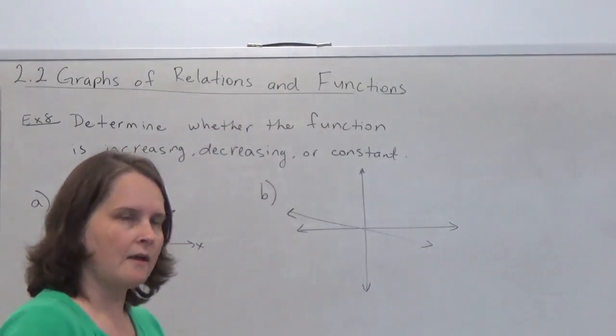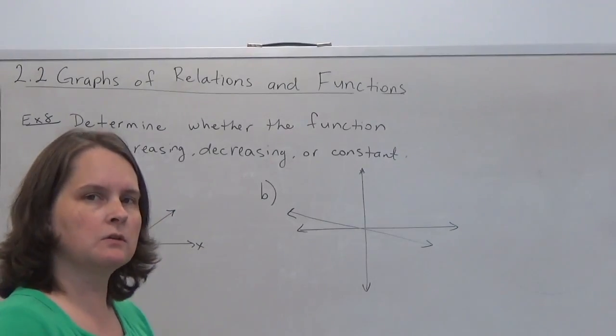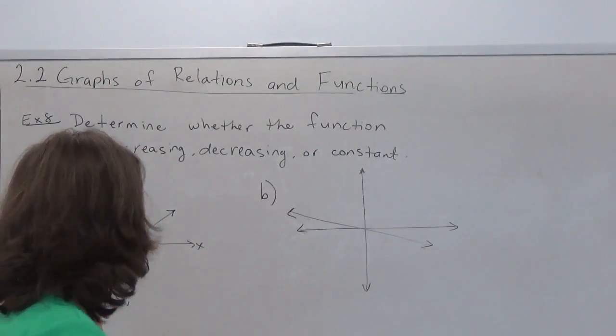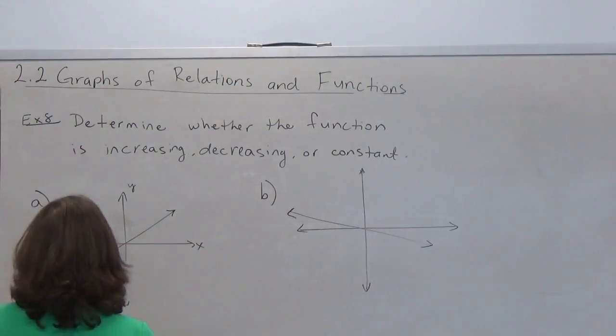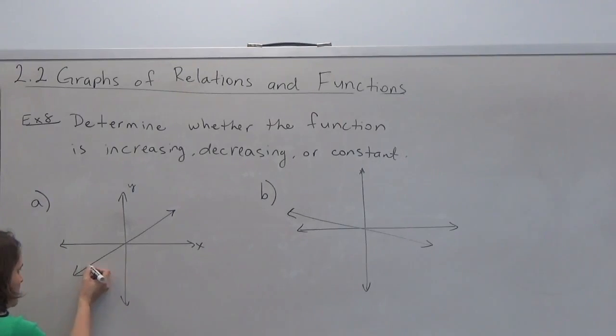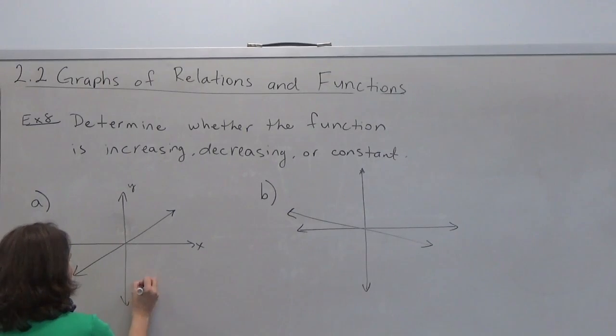So on your graph, as you move from the left side to the right side, are your y values going up or are your y values going down? The easiest way to see this visually is that as you're going from the left to the right, and imagine you're on this actual graph itself, are you going uphill or are you going downhill as you go along this graph? On this one you're going uphill, so this one is increasing.